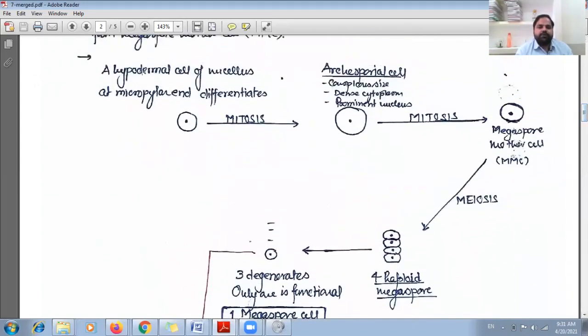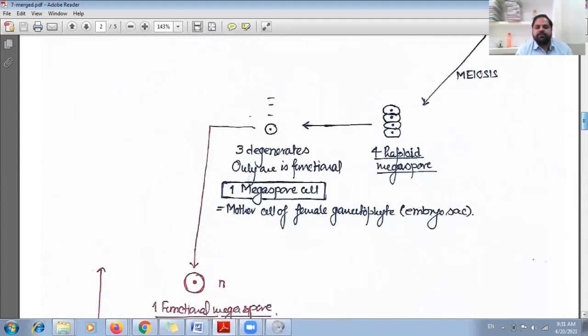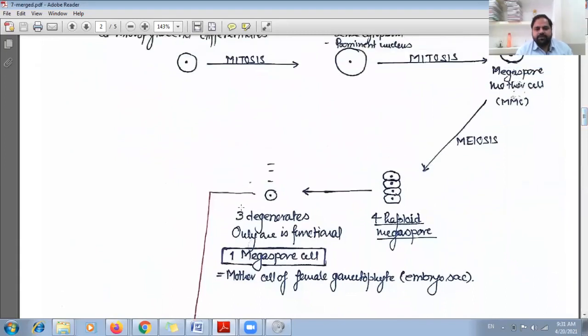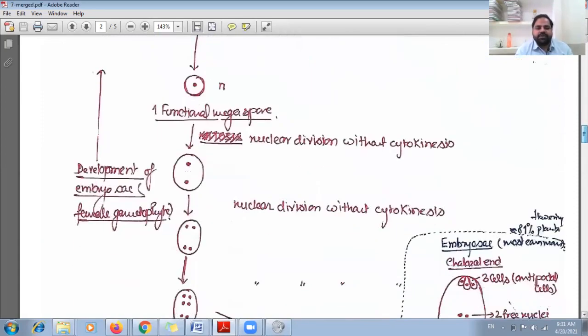This hypodermal cell has formed one functional megaspore. This formation of one functional megaspore from this single cell is called megasporogenesis.